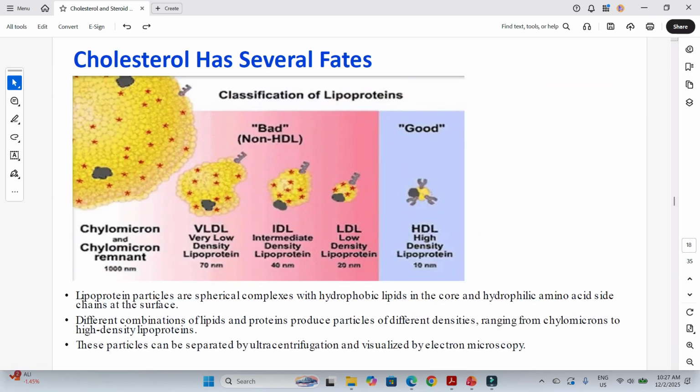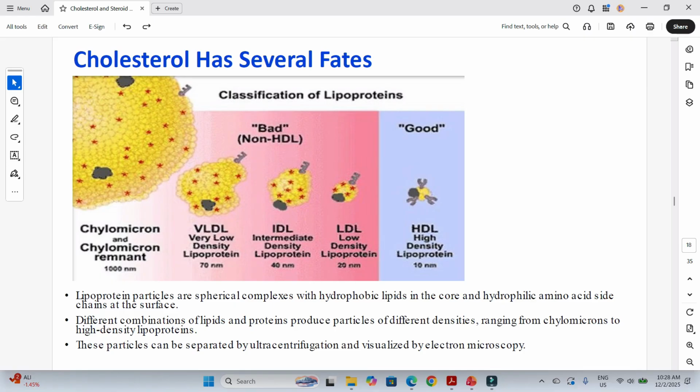So, the lipoprotein particles are classified according to their sizes and to their densities. As you can see here, they are roughly spherical complexes with hydrophobic lipids in the core and the hydrophilic amino acids, as well as hydrophilic heads of phospholipids at the surface.